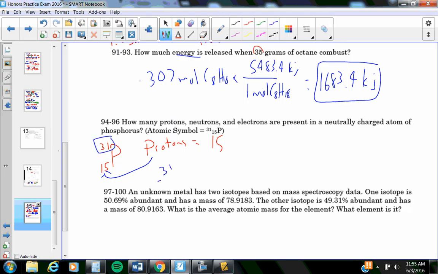So 31 minus 15 tells you that there are 16 neutrons. And if it's neutrally charged, that means that there's no more positives than negatives. Then it's got to have the exact same number of electrons as protons. So by definition, a neutrally charged phosphorus is going to have 15 electrons.